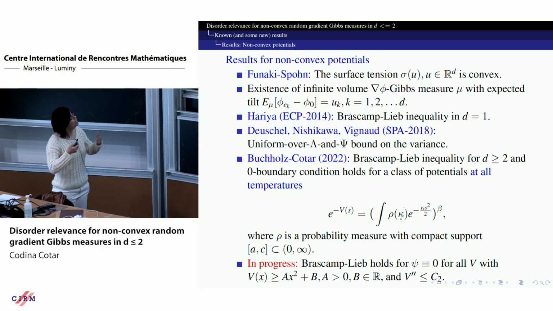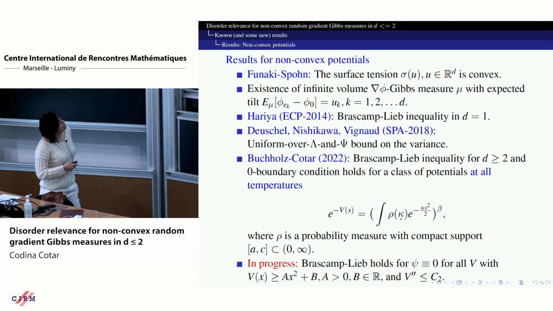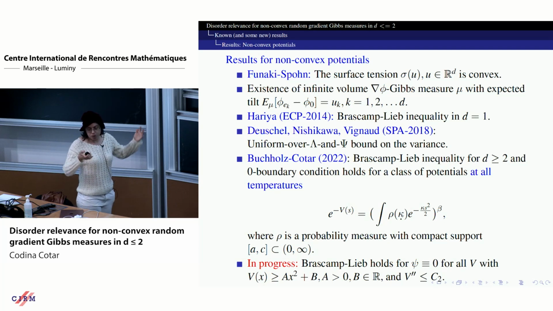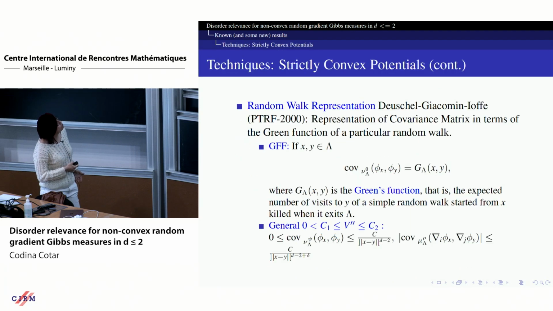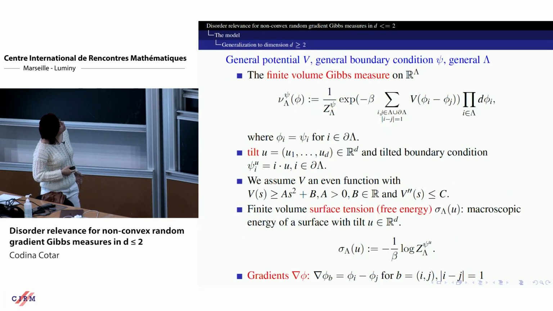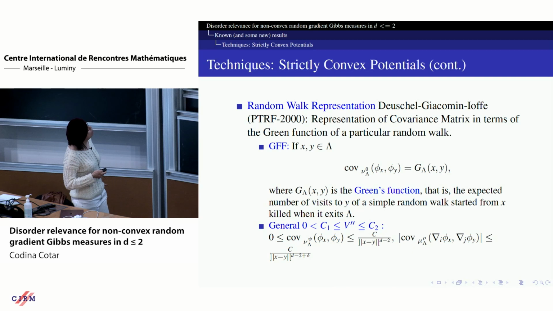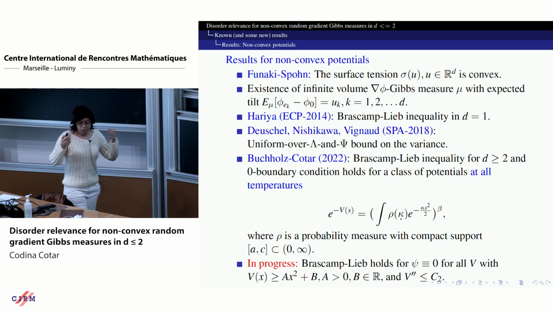However, there are still some results that we have. The Funaki-Spohn paper proved that the surface tension is convex regardless of whether we are in a uniformly strictly convex potential case or not. Basically, their proof holds under these more general assumptions. So we know that convexity holds. The only thing now under question is whether it is convex or whether it is uniformly convex.